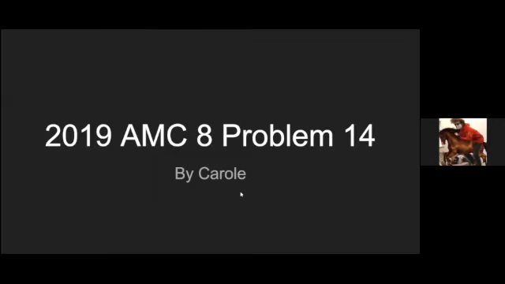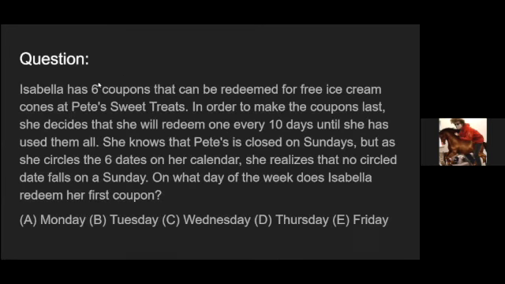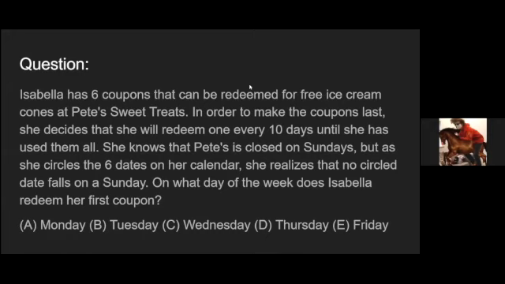The last question is 2019 AMC 8 problem 14. Okay, so Isabella has 6 coupons that can be redeemed for free ice cream cones at Pete's Sweet Treats. In order to make the coupons last, she decides that she'll redeem one every 10 days until she has used them all.